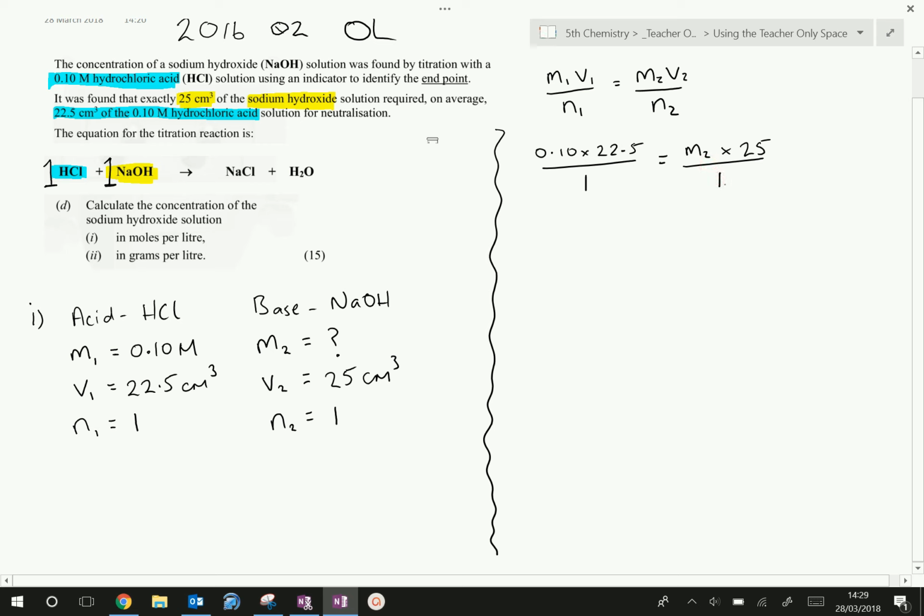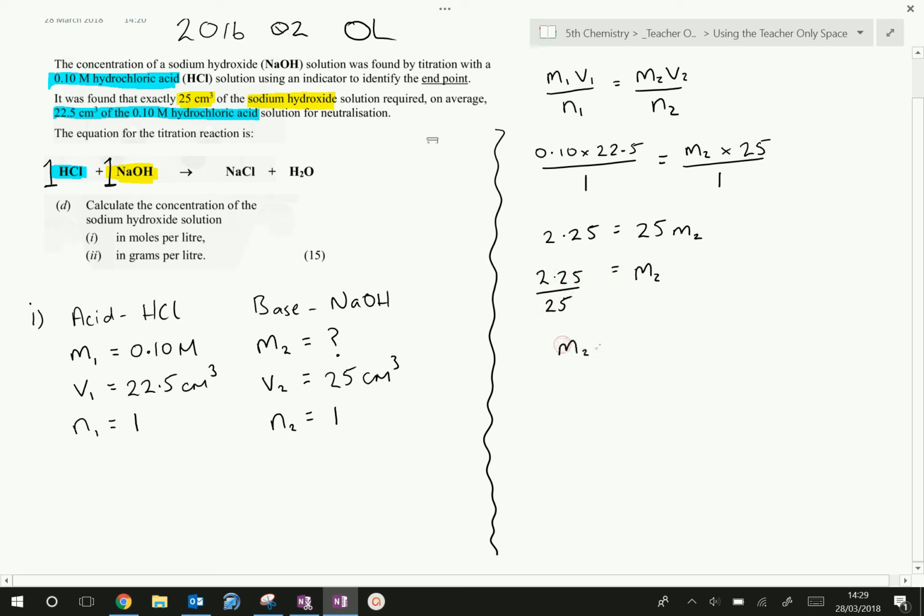Okay, so that's that finished. I'm going to evaluate the left hand side, and we get 2.25 equals 25 M2. So that's both sides evaluated there. Now to get M2, I need to divide by 25.